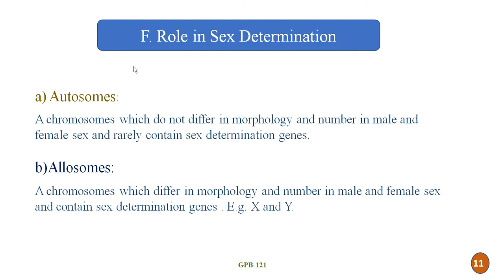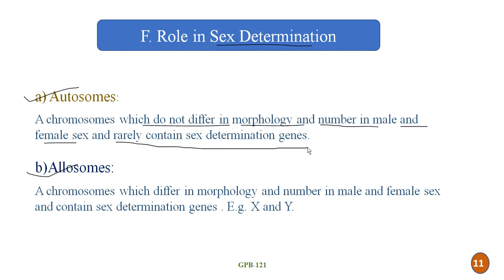Then the last criteria is role in sex determination. According to the role of the chromosome in sex determination, there are two types: autosomes and allosomes. Autosomes are the chromosomes which do not differ in morphology and number in male and female and rarely contain the sex determination gene. So they are the same in male and female. In the human being, there are 23 pairs of chromosomes.